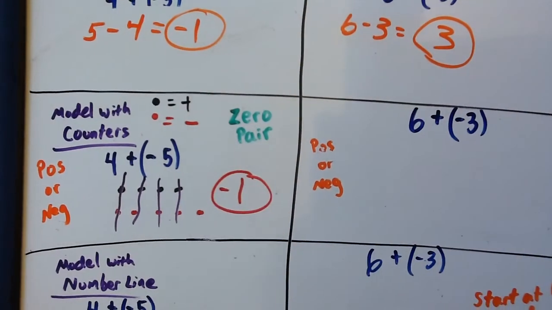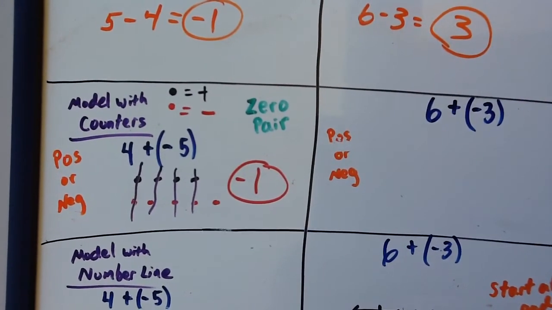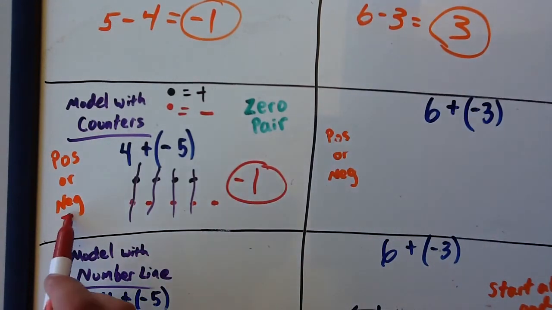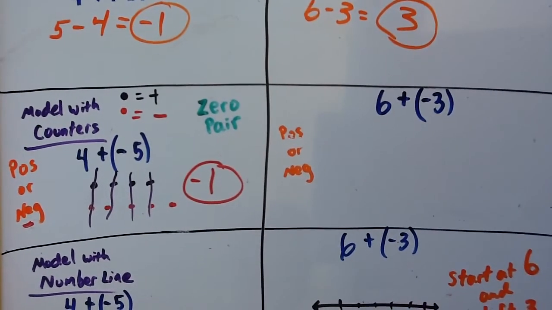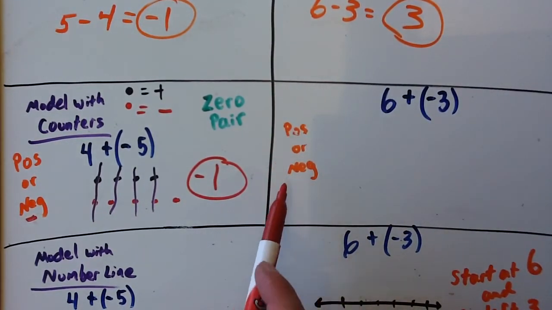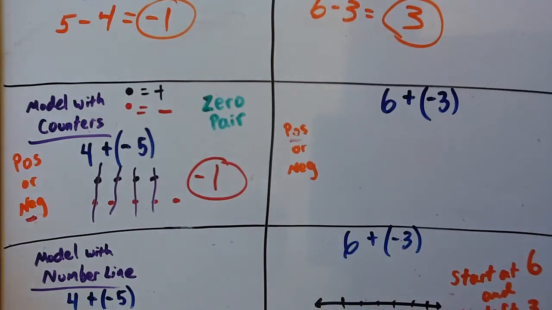Now just by looking at this, we could tell that our sum was going to be negative, right? Because I had 5 negatives and 4 positives. And so I had more negatives than I did positives. So my sum would be negative. Let's look here. 6 plus negative 3. Just by looking at this, is it going to be positive or negative? We should say positive, right? Because I have 6 positives and only 3 negatives.